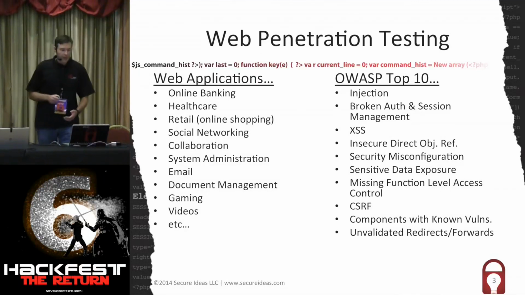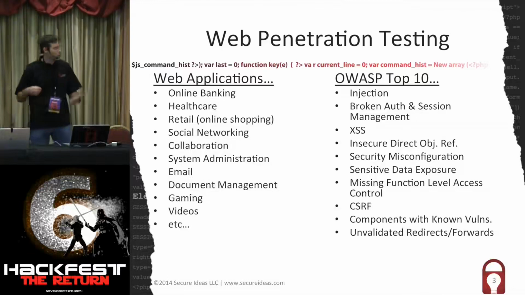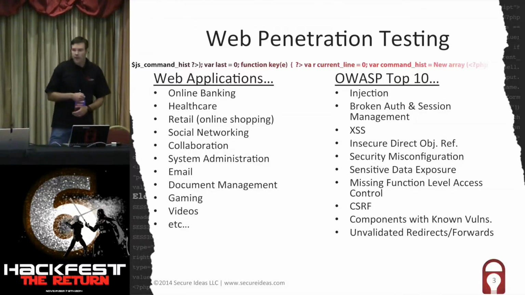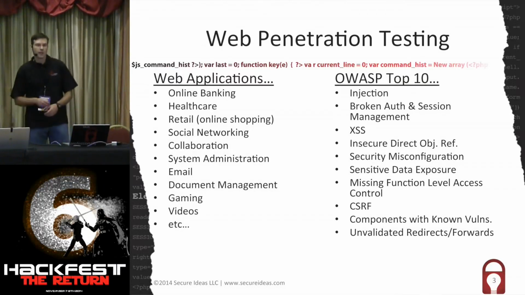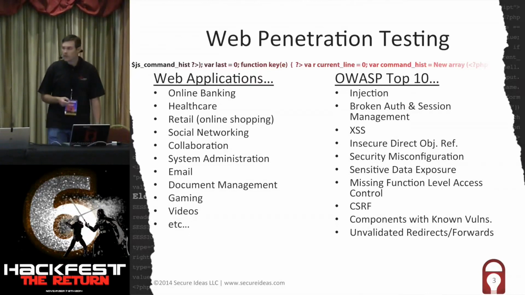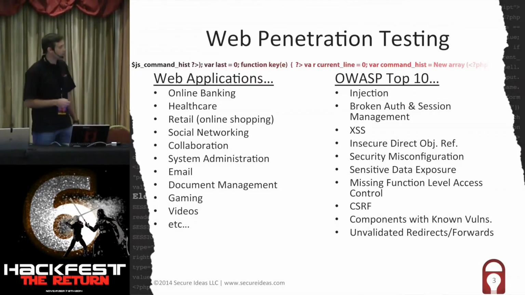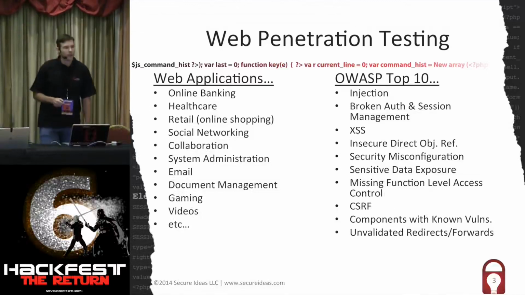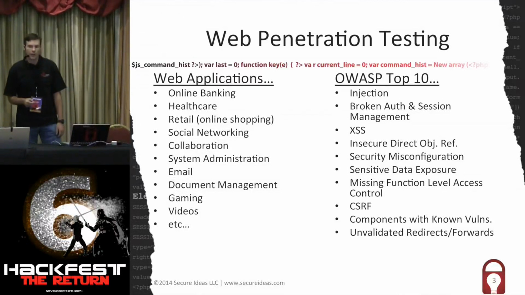We have our online banking. We have all of our social networking on there. We have email. Internally, you're looking at collaboration, document management. All kinds of things are available through web browsers. And a lot of these still have vulnerabilities. On this slide, I put the OWASP top 10 as an example of a lot of the types of things that we still find in web applications.